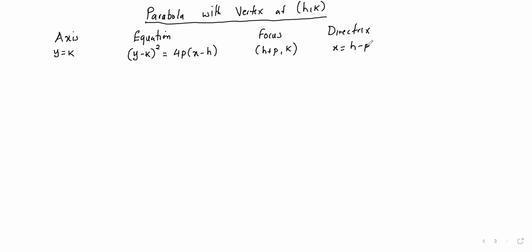And then if we have that, then the equation should be x minus h squared equal to 4p y minus k, and here it will be h, k plus p, and here it will be k minus p.